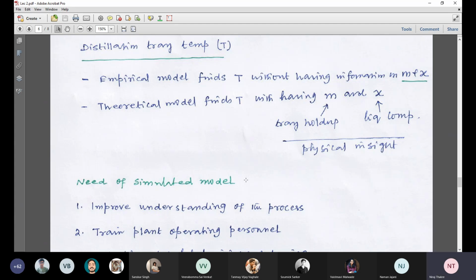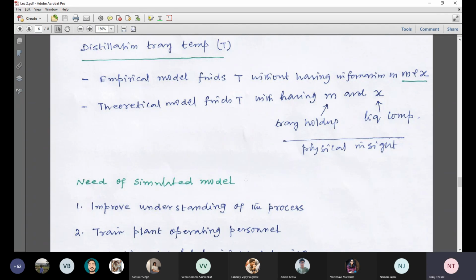I'm just giving you one example. Suppose there is a pump which is delivering liquid to a process unit. Suddenly that pump is not working. What will happen? In a distillation column, the tray is flooded with liquid. What will happen?